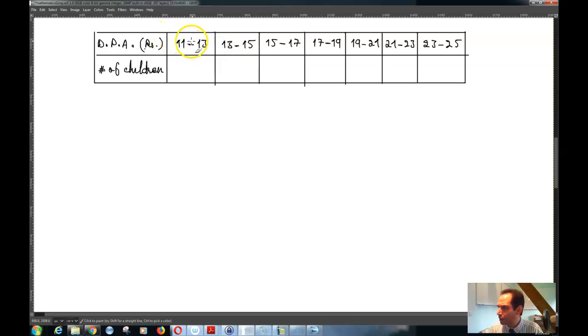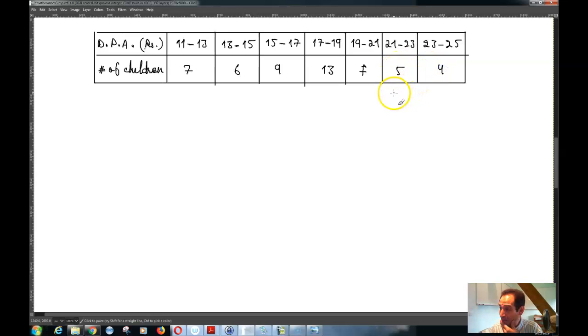And the number of children related to these class intervals is 7, 6, 9, 13, F, 5 and 4.